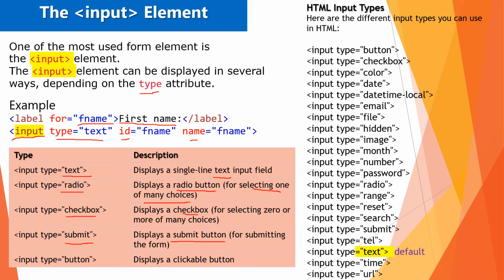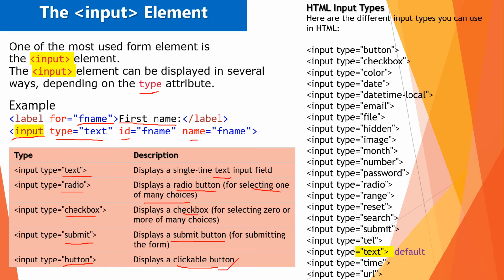And the next, very important, is a button which will display a clickable button. So this submit button is also a clickable button. But moreover, the different click buttons or whatever other buttons you want to display on the browser will be given in the input element. What are the different input types is listed here at the right hand side, the different input types we can use in HTML.